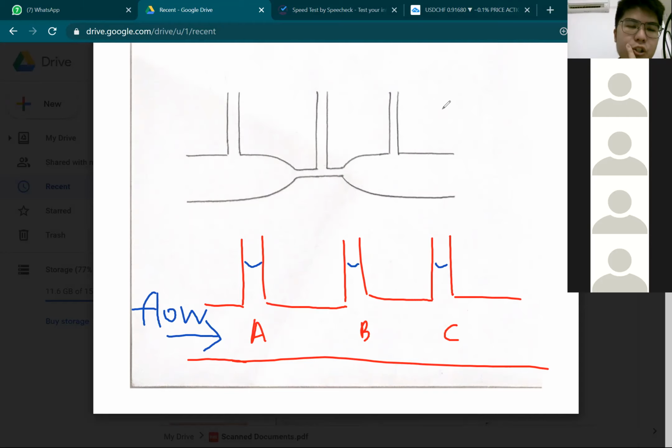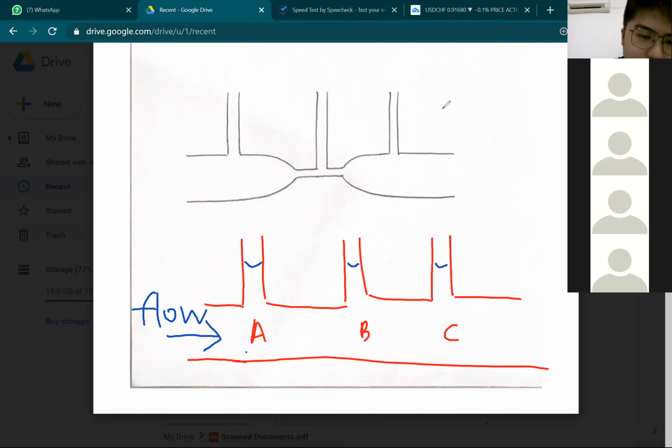Now remember that generally in a water flow, water flows from a high pressure region to a low pressure region. So if the flow is coming from left to right, then the pressure at the left region should be higher than the pressure at the right.